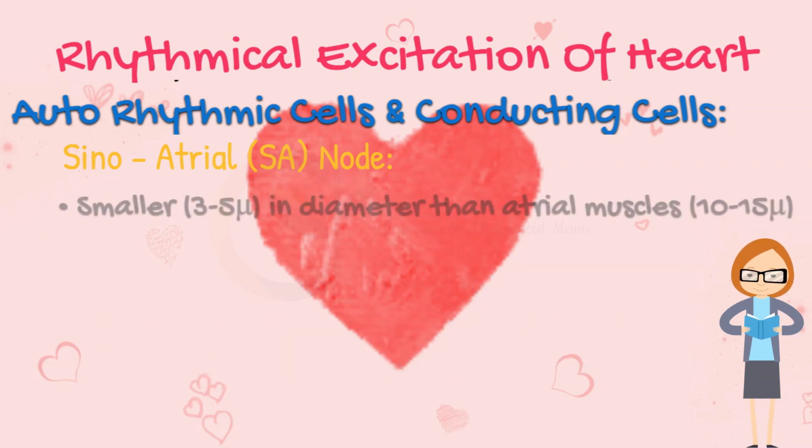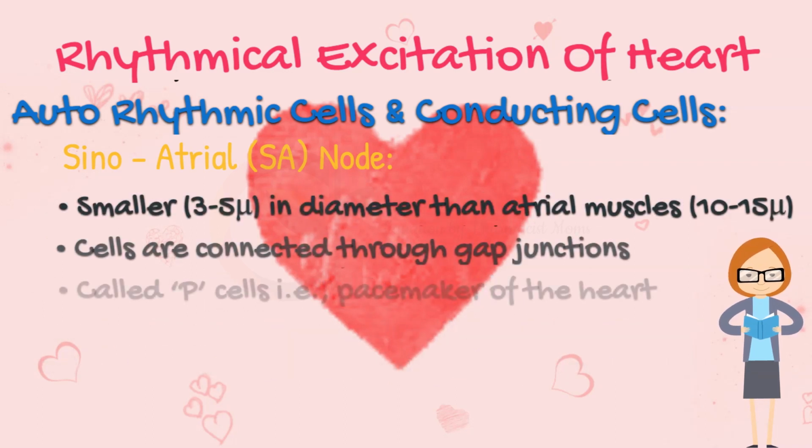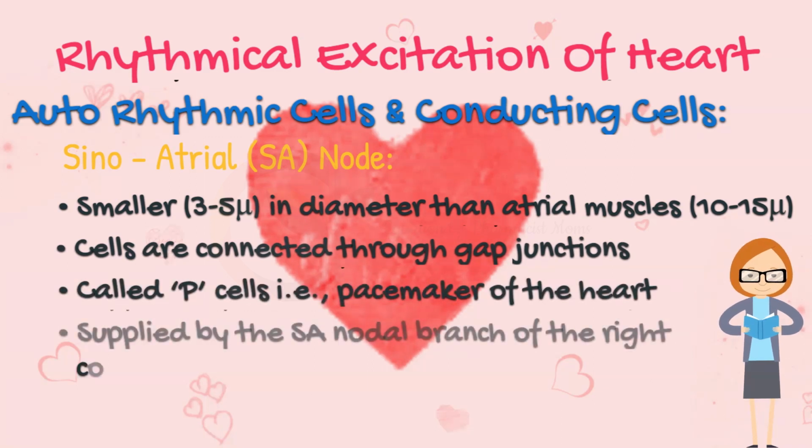The fibers of this node are each only 3 to 5 micrometers in diameter, in contrast to a diameter of 10 to 15 micrometers for the surrounding atrial muscle fibers.